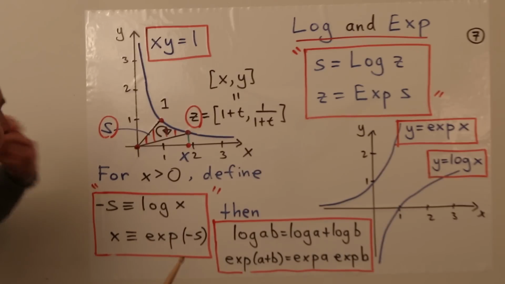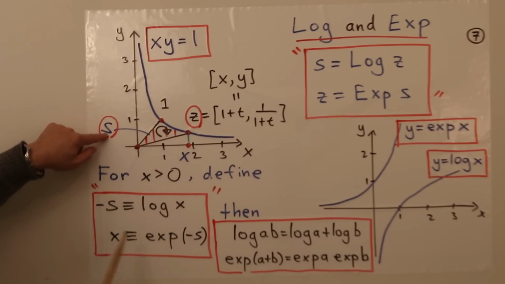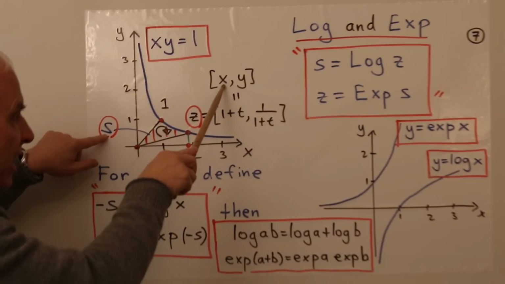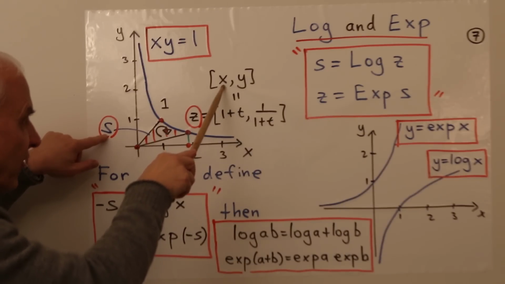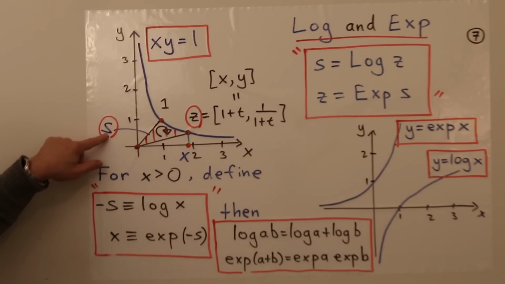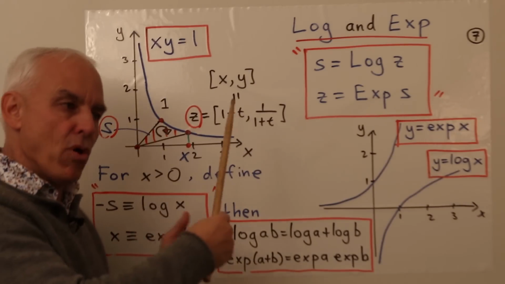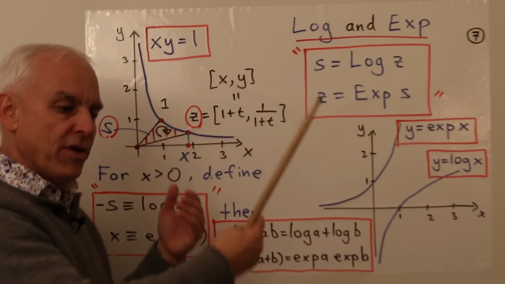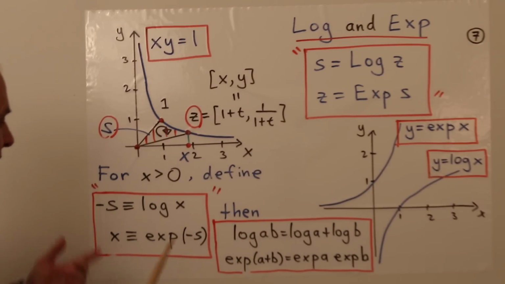Okay, so we want to relate the value of minus s with the number that's appearing here in the x coordinate. We can say that the log of this number is minus s. That's exactly the relationship that I pointed out between the first and the second of the columns that we were just looking at. And correspondingly, going the other way around, x is exp of minus s.